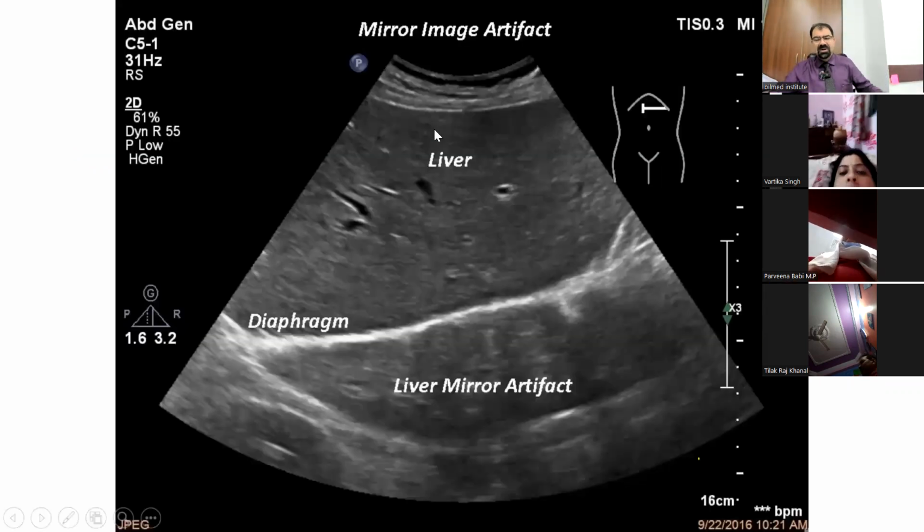Now see over here. This is the liver, this is the diaphragm, and I will be having an exact duplication of this image. Now see, I am having the portal vein here, and this is the portal vein. So the exact mirror image of the liver seen on the other side of the diaphragm is called the mirror image artifact. Number one.